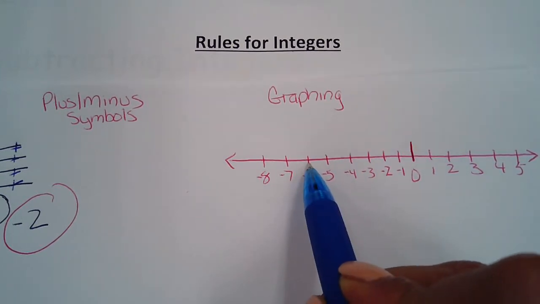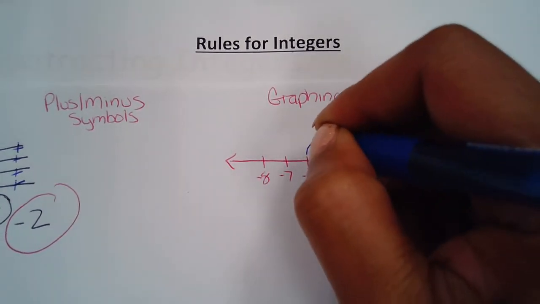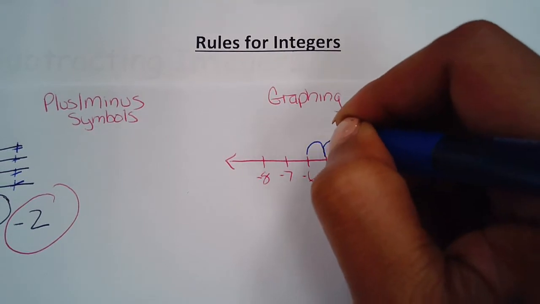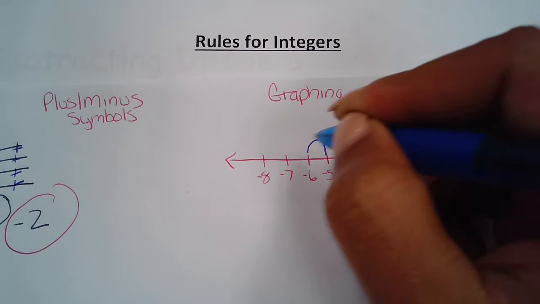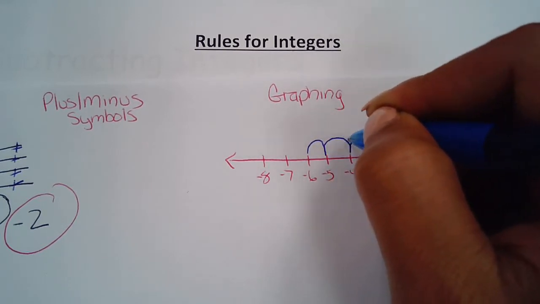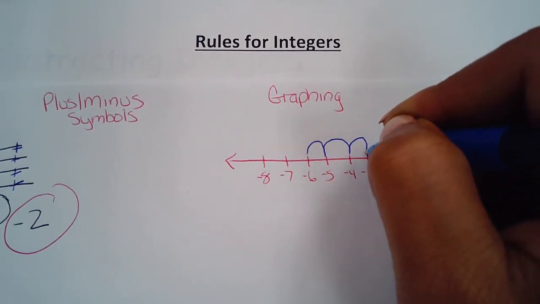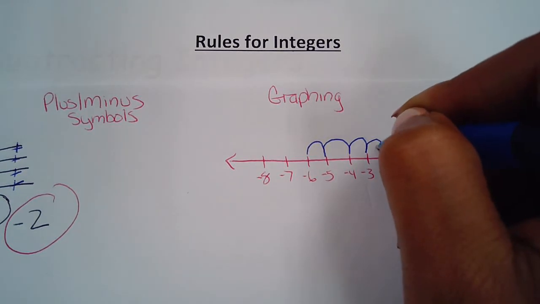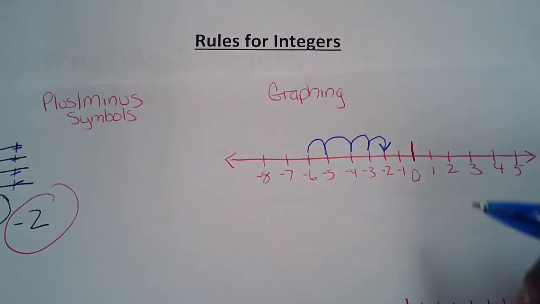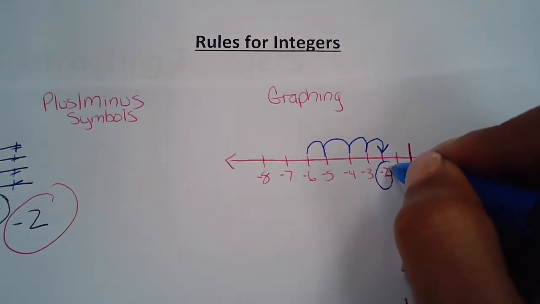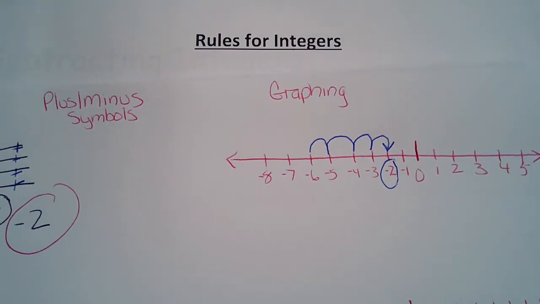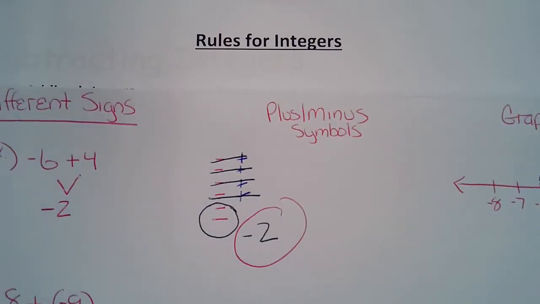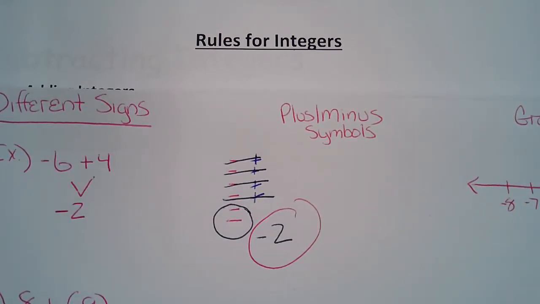So from -6, I'm going to shift over 4 spaces. 1, 2, 3, 4, which, as you can see, lands me on -2.